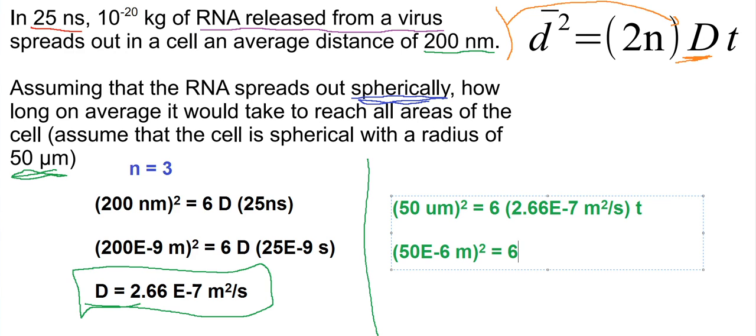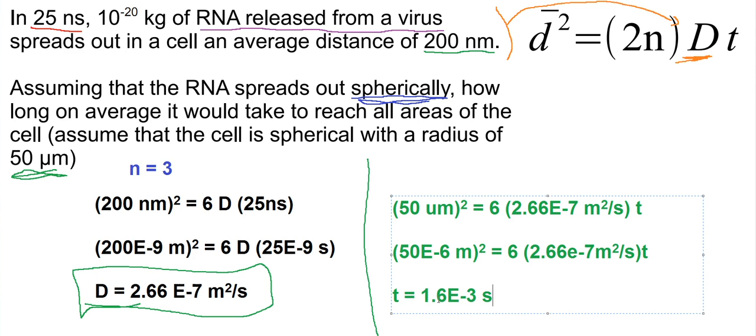And this is equal to 6 times d, and our goal is to find t. You can rearrange this and solve for t, and it will provide you with the exact amount of time, typically speaking, it'll take this RNA vector, I guess, to spread out throughout your entire cell. So it'll be about 1.6 times 10 to the negative 3 seconds.